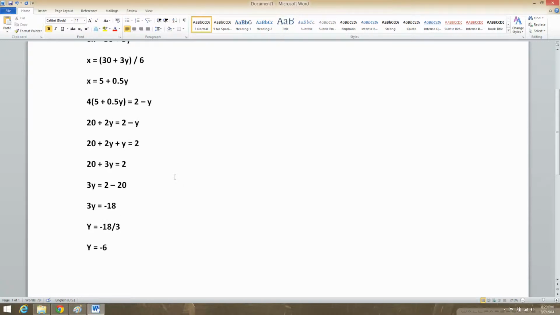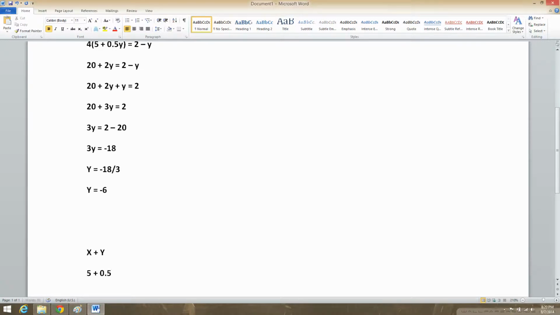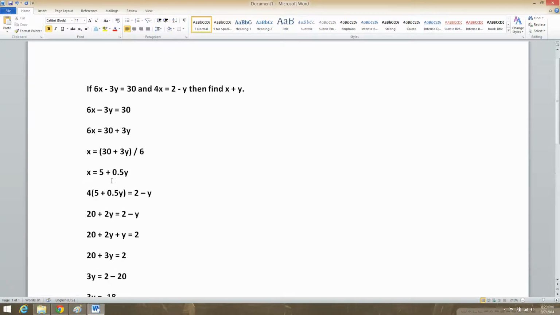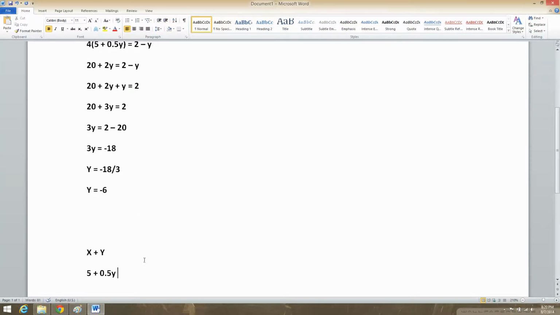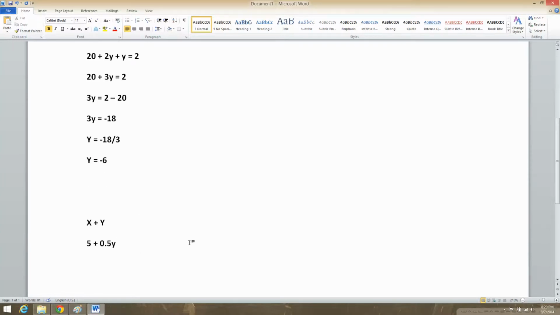So it's going to end up being 5 plus 0.5y plus y, and that ends up being 5 plus 0.5 times negative 6 plus negative 6.